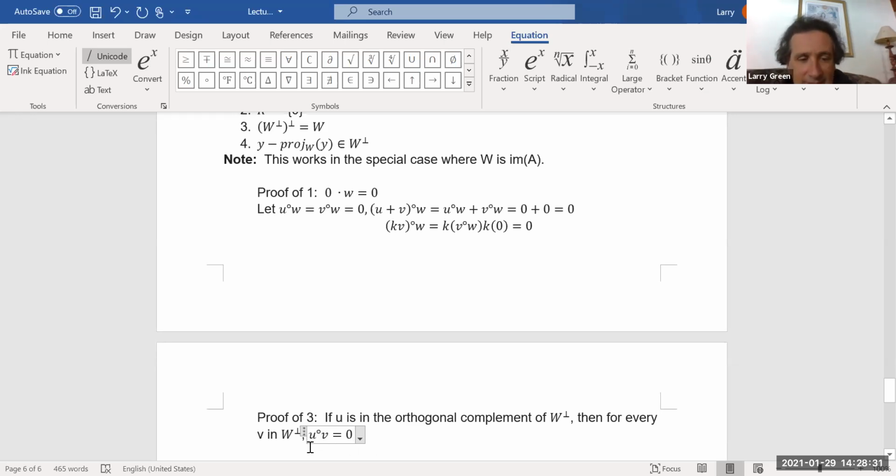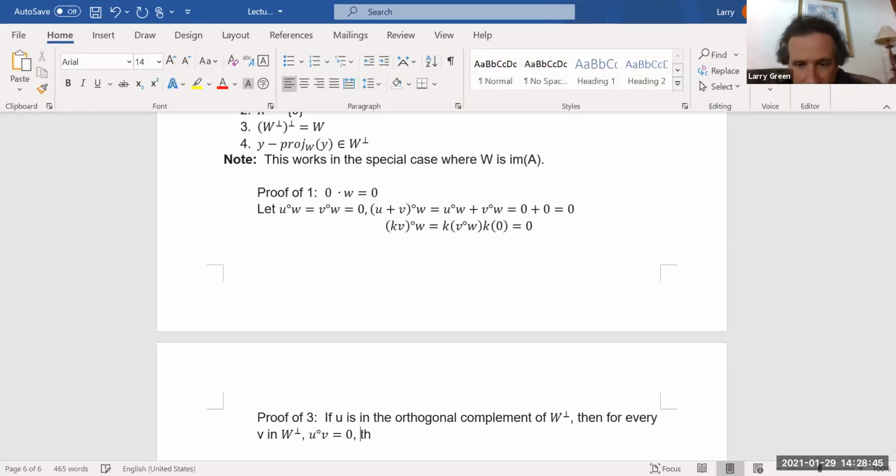But the thing is, now we know what vectors are orthogonal to everything in W perp. Well, they're the vectors in W, right? So therefore, U is in W. Any questions on that?